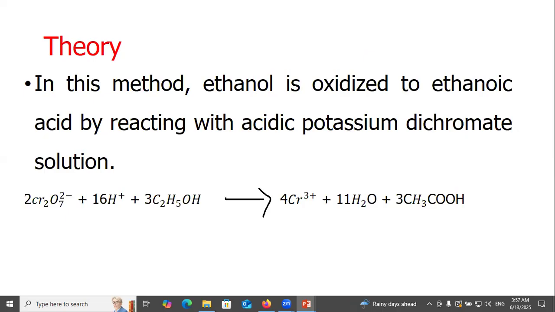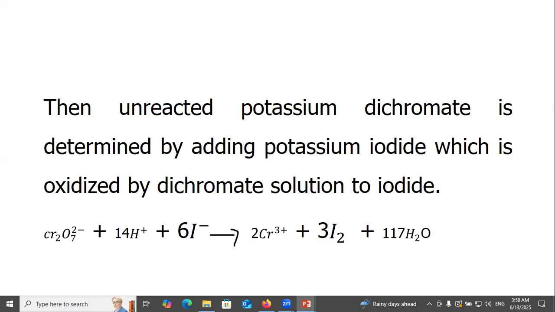In this method, ethanol is oxidized to ethanoic acid by reacting with acidic potassium dichromate solution. Then unreacted potassium dichromate is determined by adding potassium iodide, which is oxidized by dichromate solution to iodine.